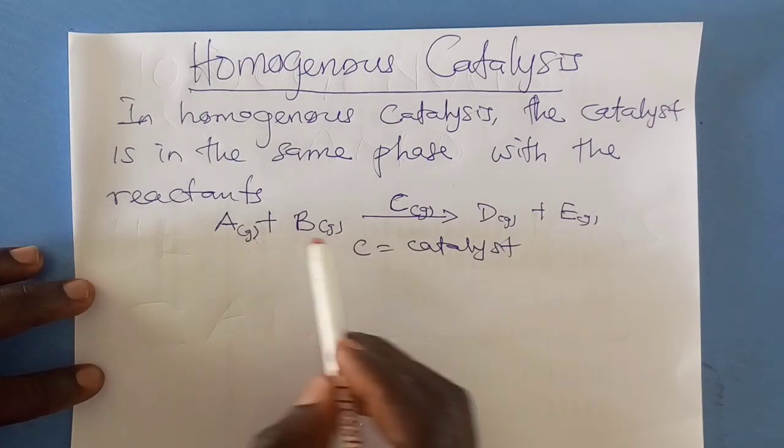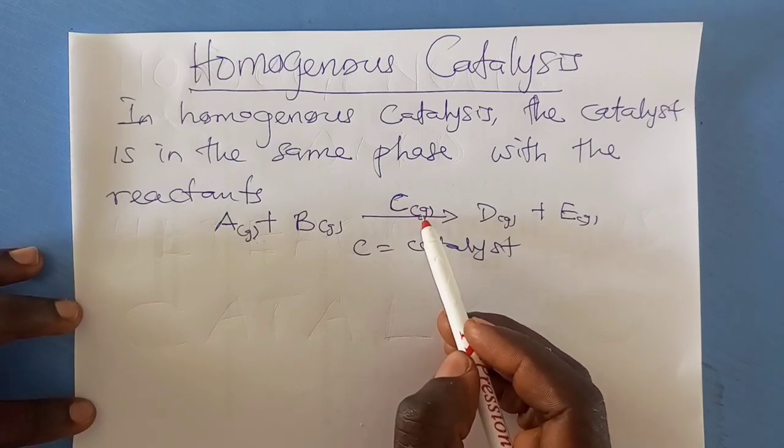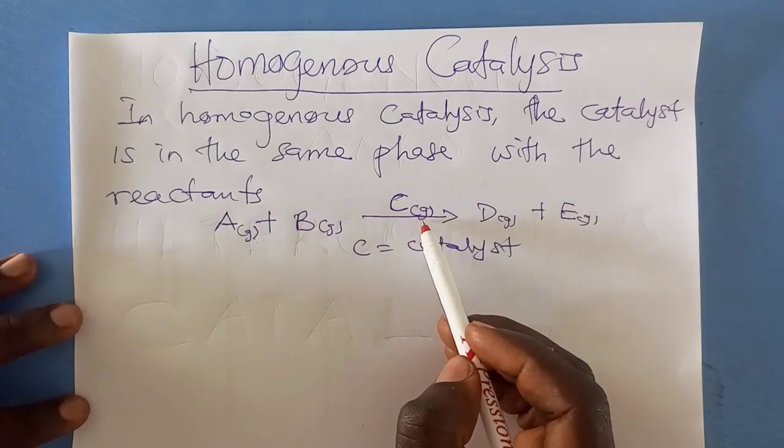The reactants are in gaseous state, the catalyst is in gaseous state. So this type of catalyst is called a homogeneous catalyst, and the process is called homogeneous catalysis.